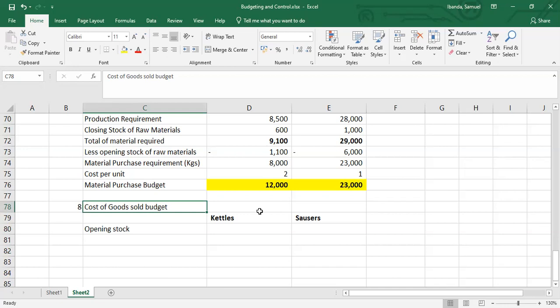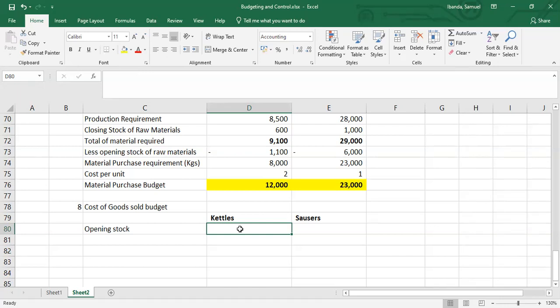So we ask ourselves, what is the cost of each of those items?